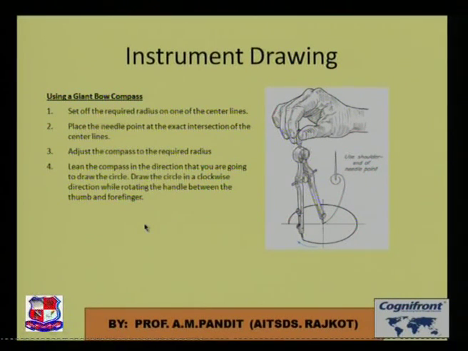How can we use this compass? Hold it from the top. Our lead is put over here. We set the diameter using this roller, put up the center and rotate it, and we will have a circular portion on our paper.